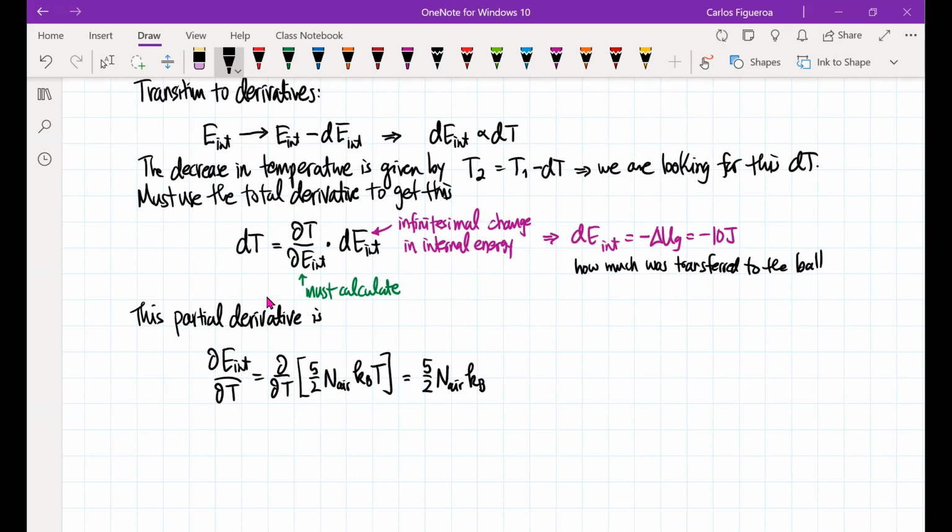So now I can substitute this into our infinitesimal change in the temperature. Subbing this into our dT relation, we have the infinitesimal change in the internal energy, and that's just the inverse of this.